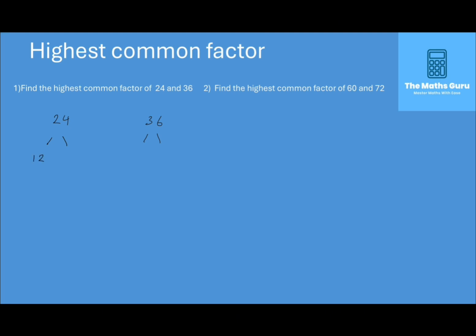So you can split this into 12 and 2, this into 4 and 3, this into 2 and 2. This one goes into 6 and 6, then 3 and 2, 3 and 2. And then we do a Venn diagram like this.